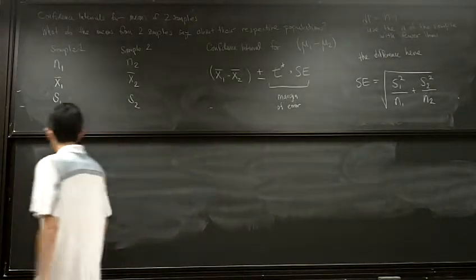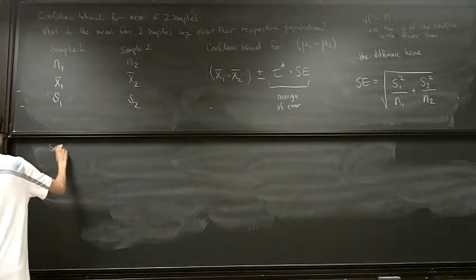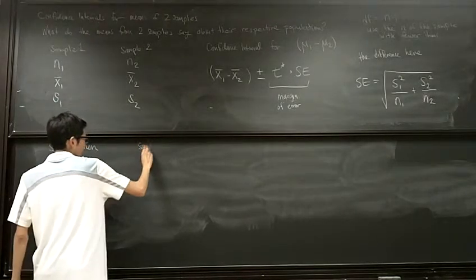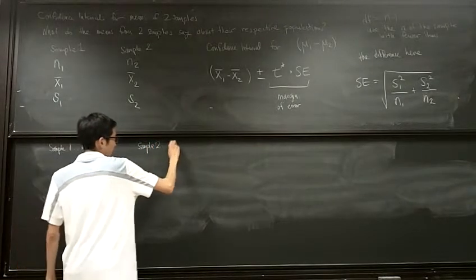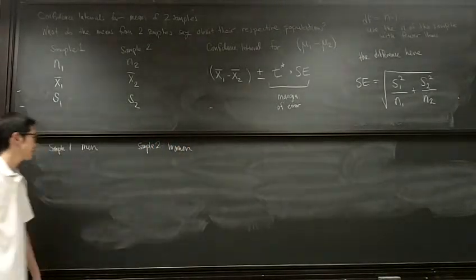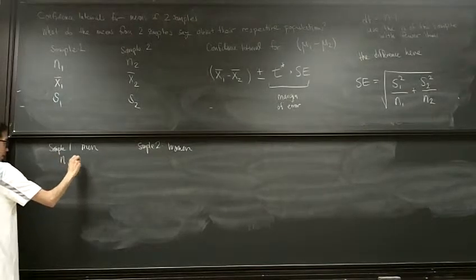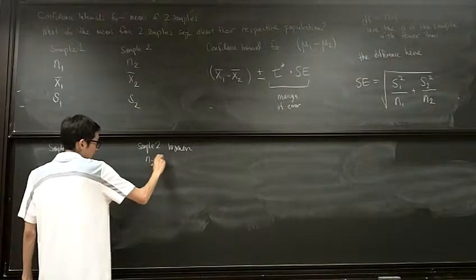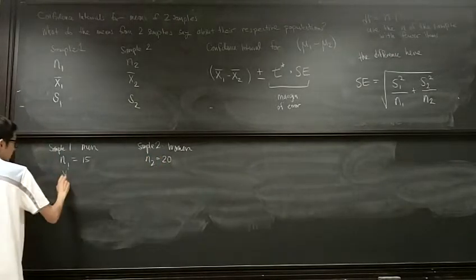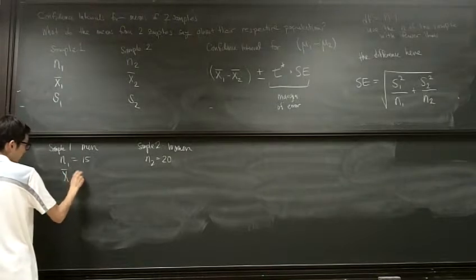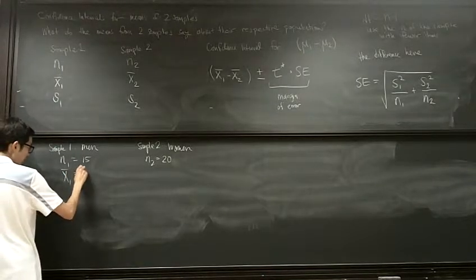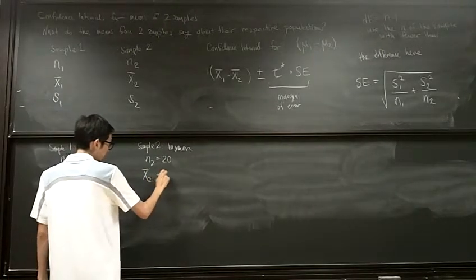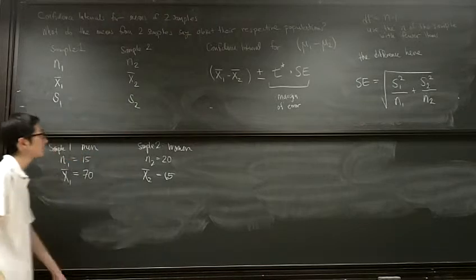Let's say sample 1 is men, and sample 2 is women. Let's say we took the heights of 15 men and 20 women. X bar of the men, let's say an average of 70 inches, and X bar of the women was 65 inches.